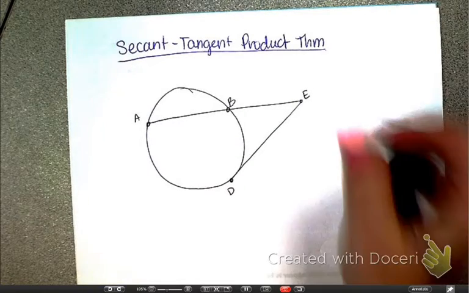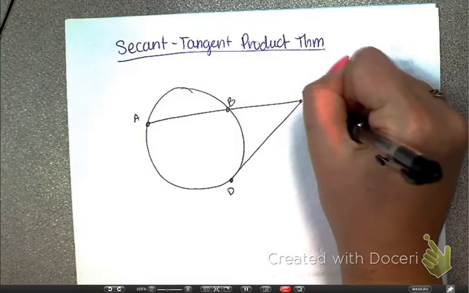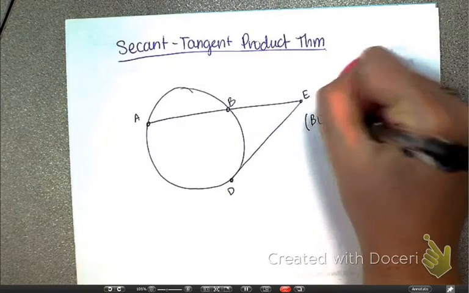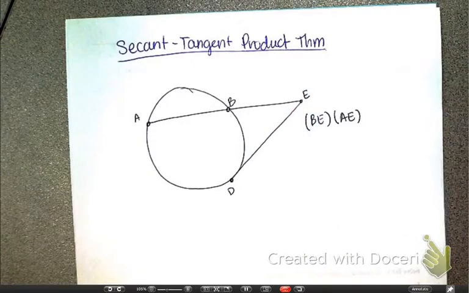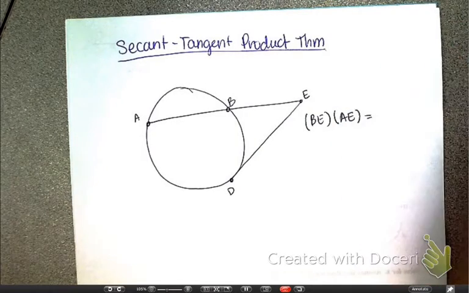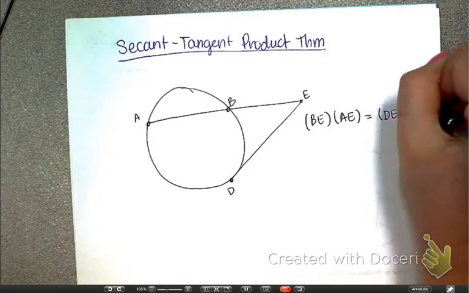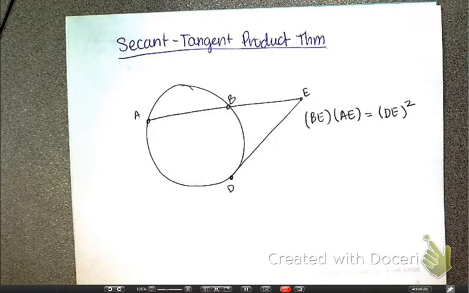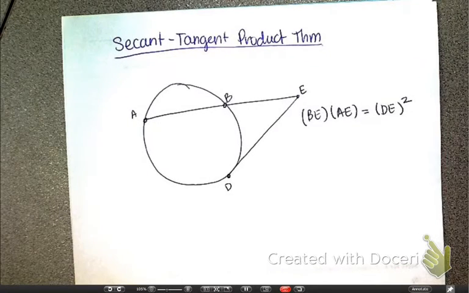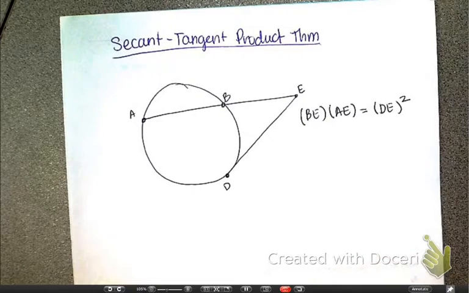So this theorem says BE times AE equals DE squared. BE times AE equals DE squared. So what kind of pieces are those? What is BE?